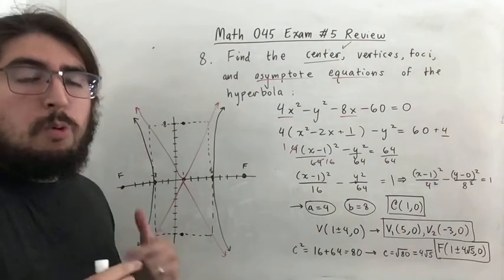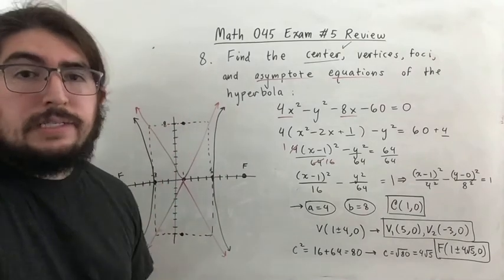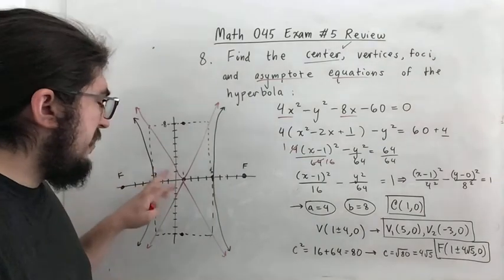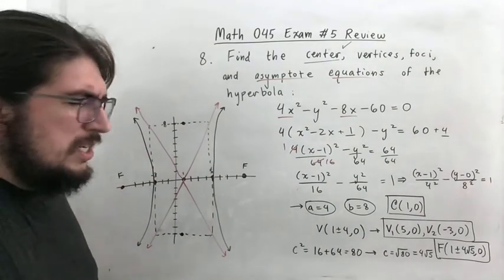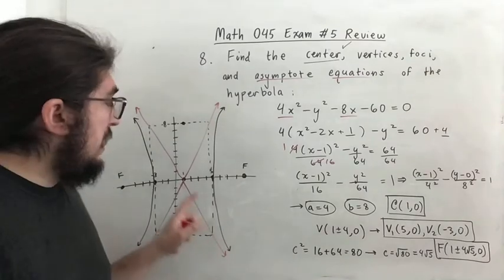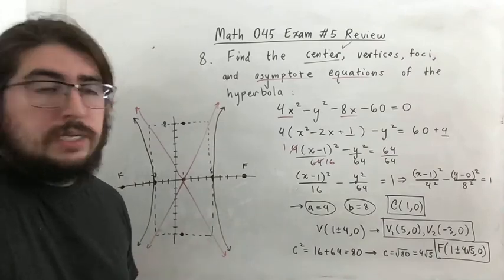Great. But now what about the asymptote equations? Well, these are just lines. And lines have slope and a y-intercept, which we can find here. I did it somewhat justice, but we'll see exactly what they are in a bit. Really what I want to use is the center as a point that is on each of these lines, and I want to use point slope.